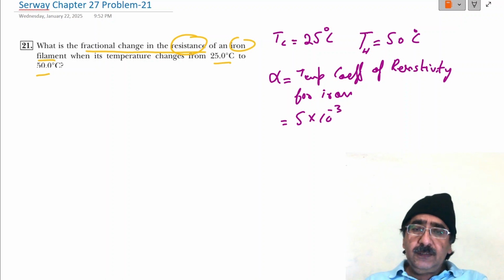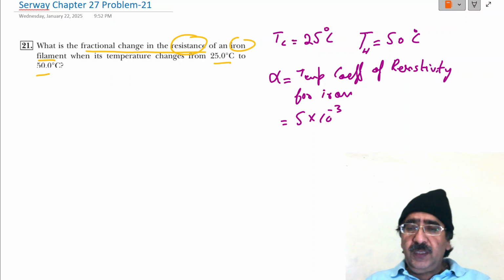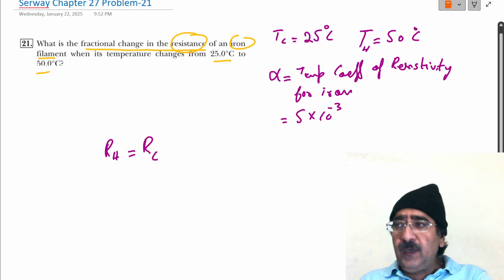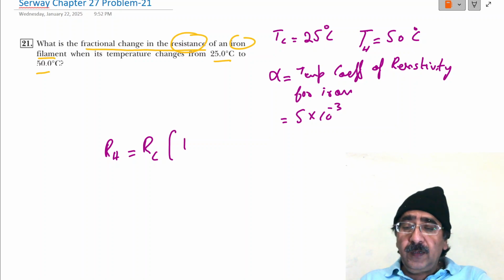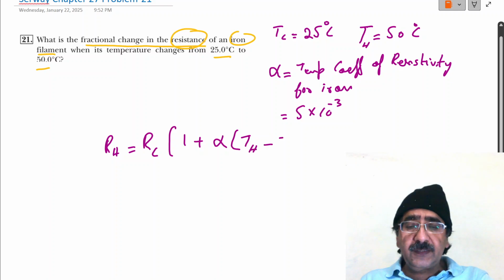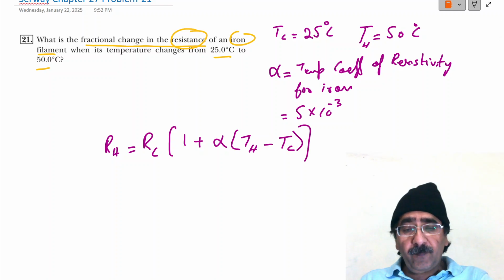And we know the formula is R hot is equal to R cold times 1 plus the temperature coefficient multiplied by T hot minus T cold.